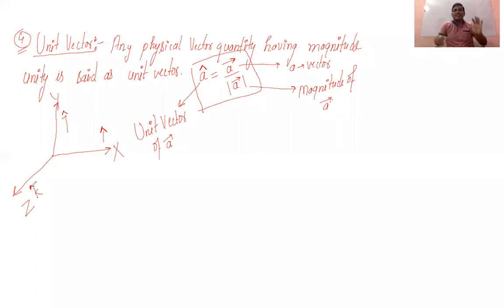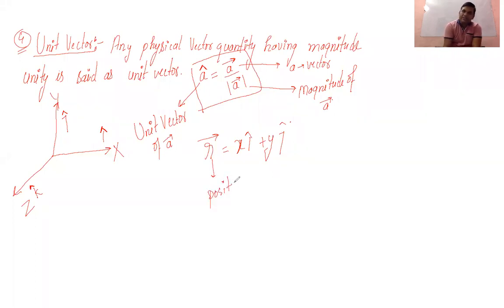So what does it mean? It means if any vector quantity is there and you wish to represent it along all three axes, you can just multiply. Suppose a person is going along the x and y axis. This can be the position vector, and it can be x I cap plus y J cap. This is basically the position vector.